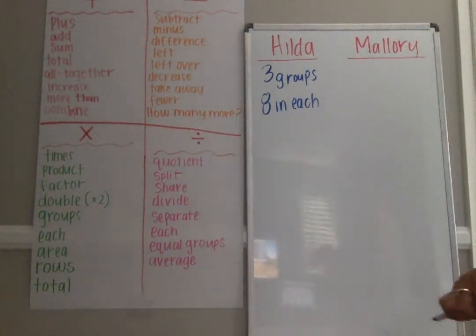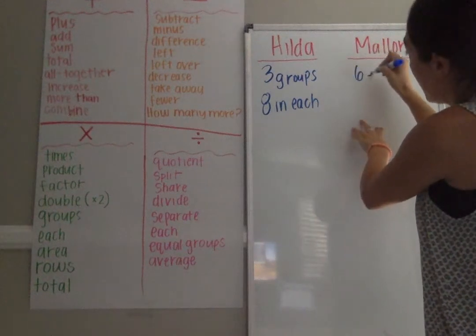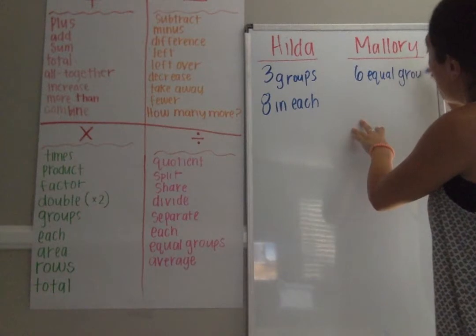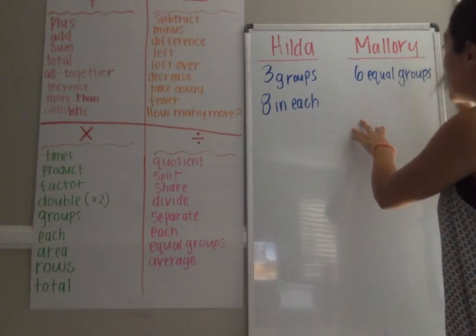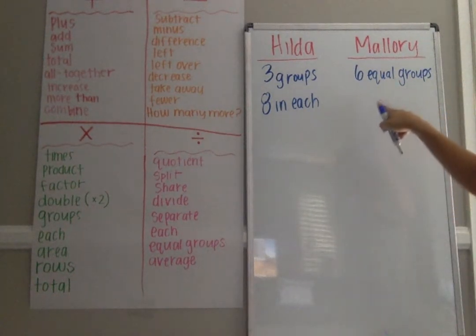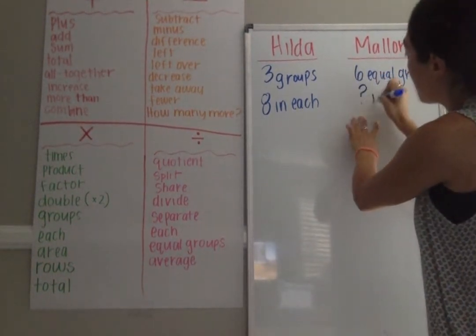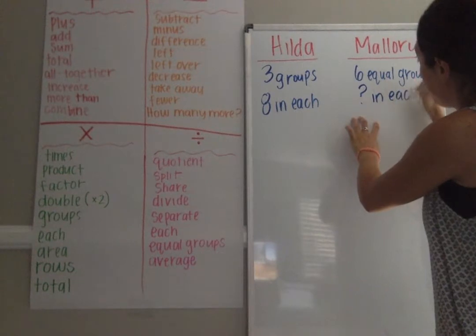And then we know that Mallory sorted her seashells into 6 equal groups. But we don't know how many are in each of Mallory's groups. That's how many we are trying to figure out. So I'm going to put a question mark in each.